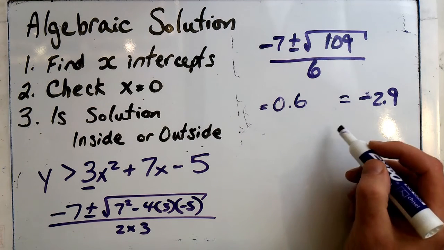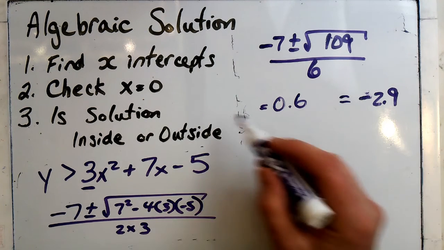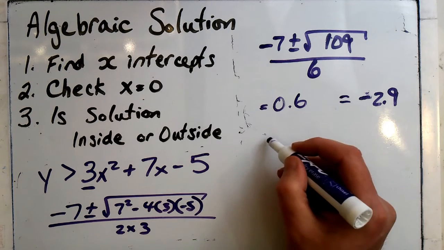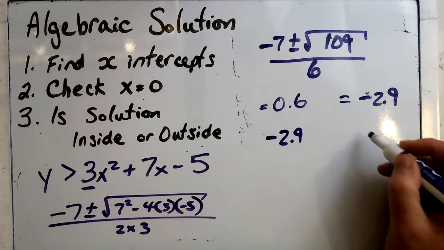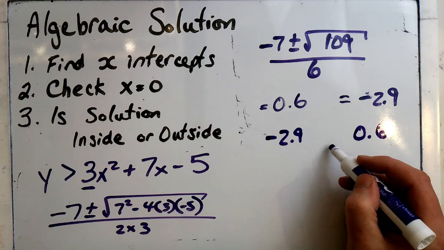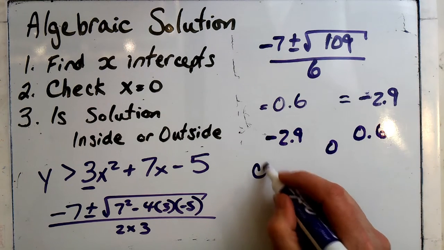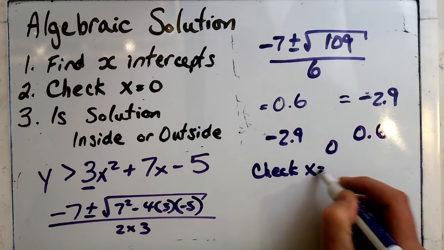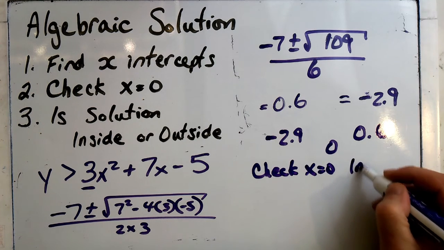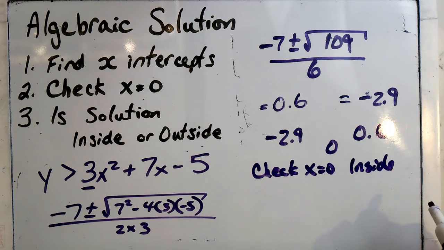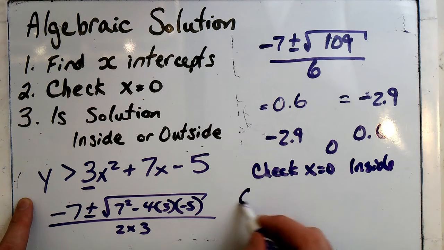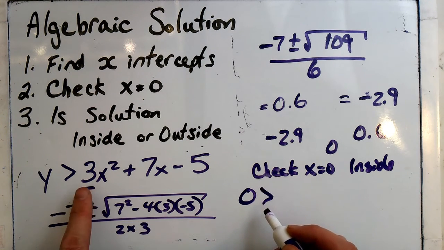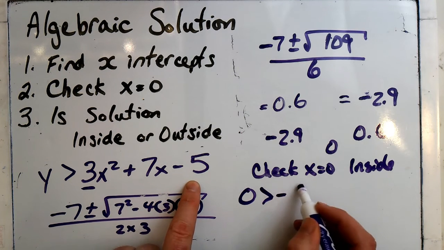So now we have to check, is the solution inside or on the outside? So I'm going to put the smaller one and the bigger one. 0 is in the middle, so I'm going to check 0, like I always do. And it's inside. So I write that just to keep track of it. Go back to my equation. Y becomes 0. 0 plus 0 minus 5.